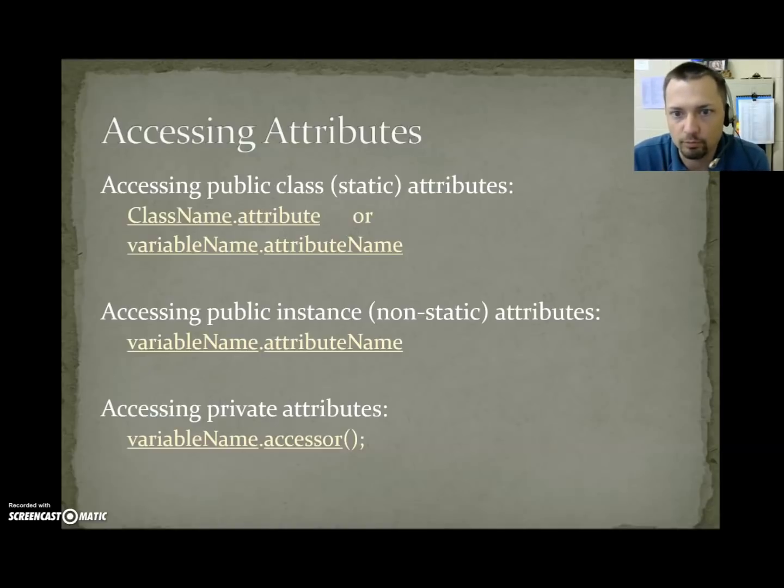So we'll see that when we're doing our examples. Accessing public instance, meaning non-static, attributes, is a particular instance of the class, variable name.attribute name. Accessing private attributes requires the use of an accessor, variable name.accessor. So again, we'll see examples of all this when we do our examples in a few minutes.